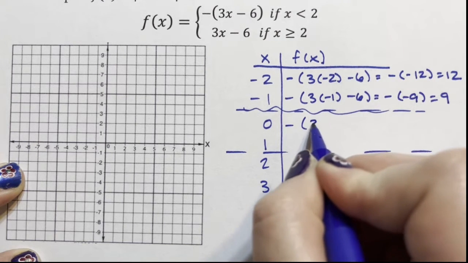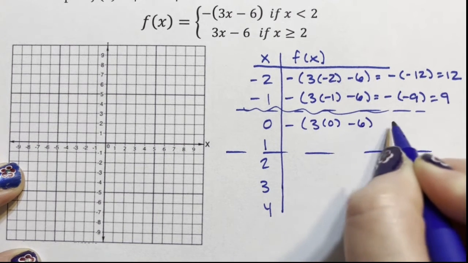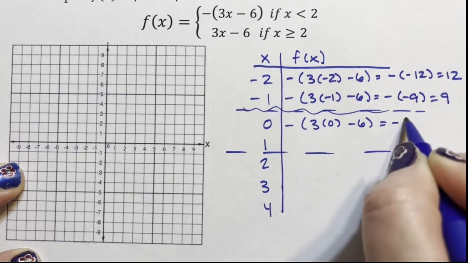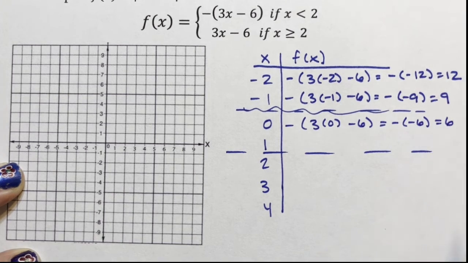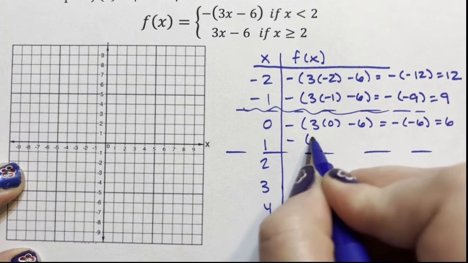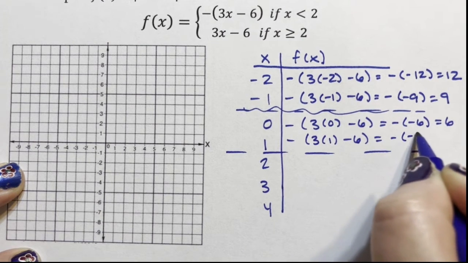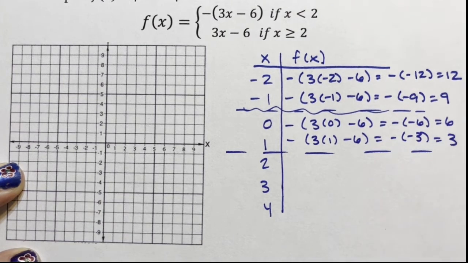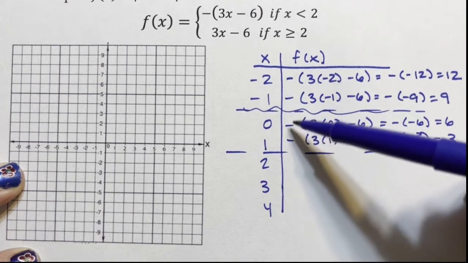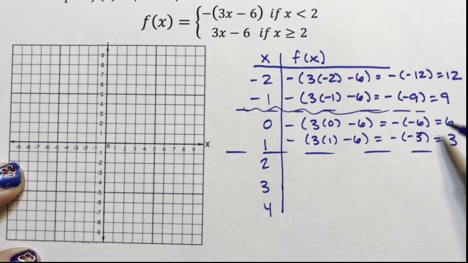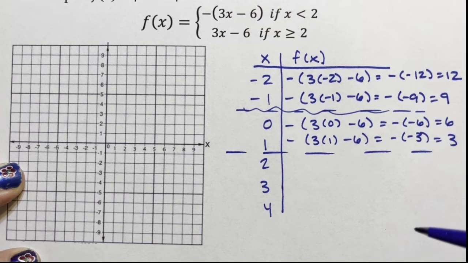Negative of 3 times 0 minus 6 is negative of -6, or 6. Negative of 3 times 1 minus 6, that's 3 minus 6, that's -3, or 3. If you notice, this negative outside forced all of my answers to be positive, and that's what the absolute value function is.